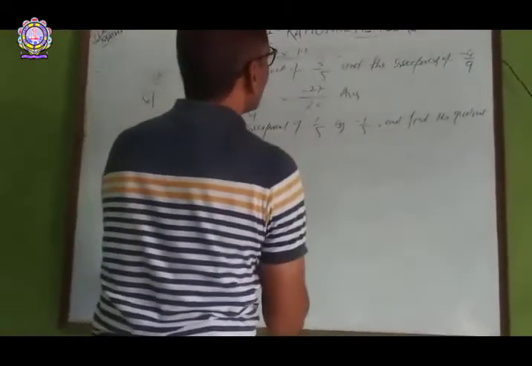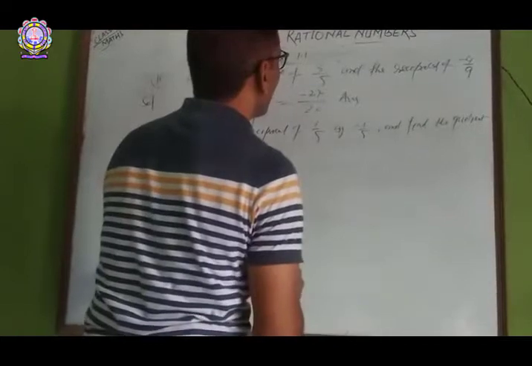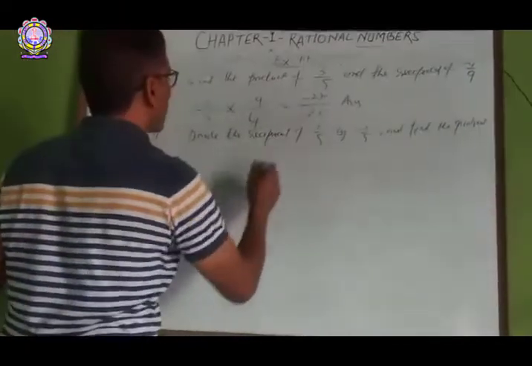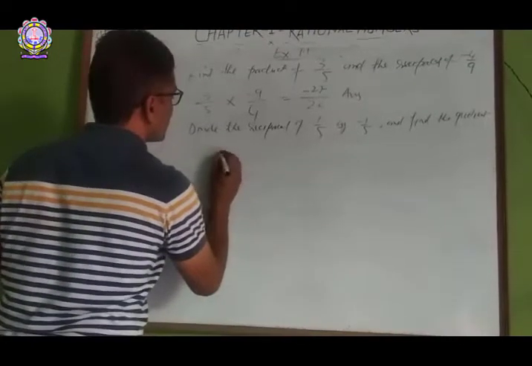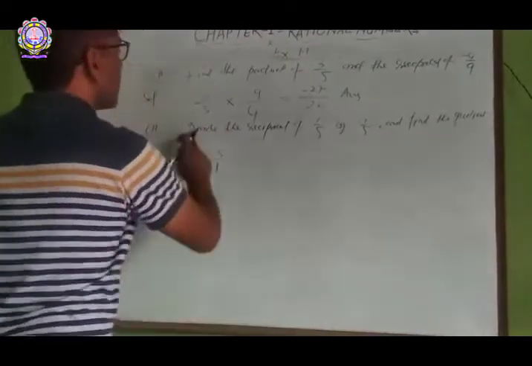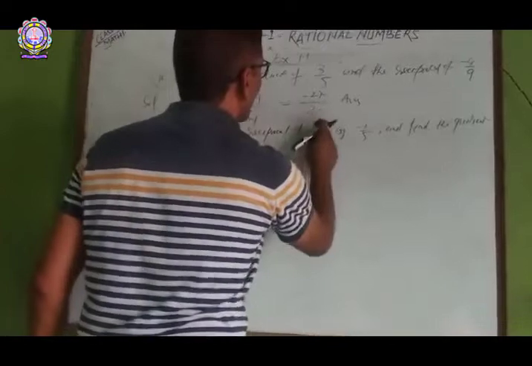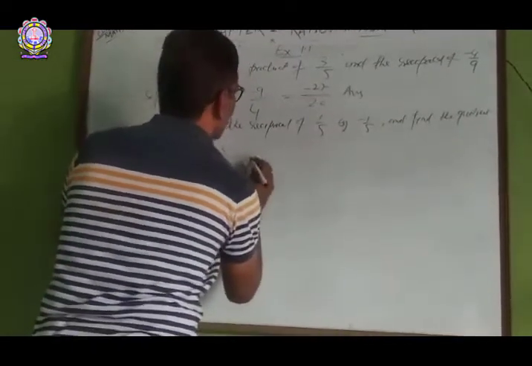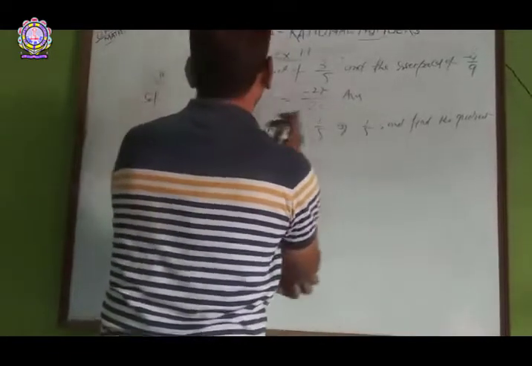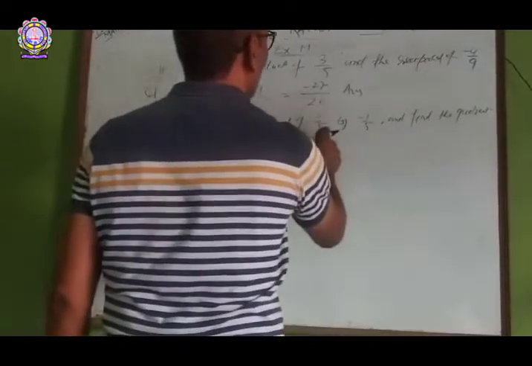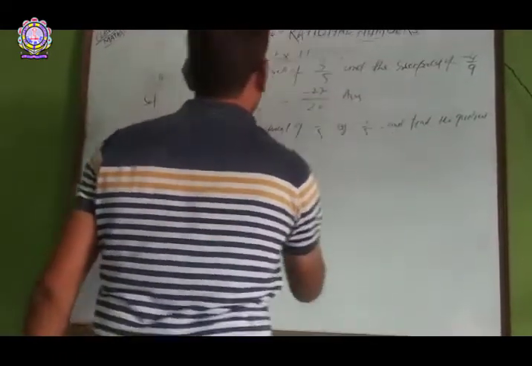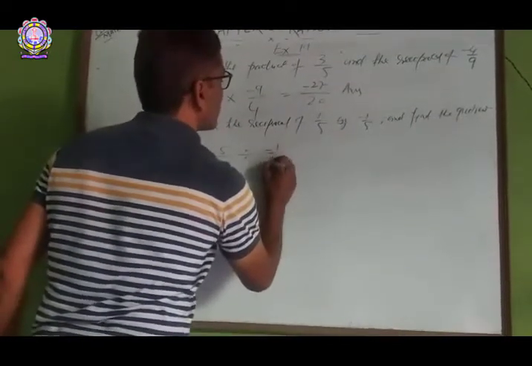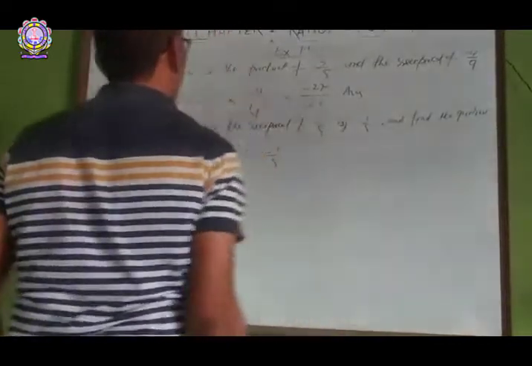Reciprocal of 1 upon 5 is 5 upon 1. Divide the reciprocal of 1 upon 5, meaning 5 upon 1, by minus 1 upon 5 and find the quotient.